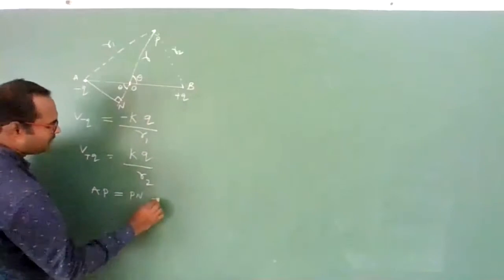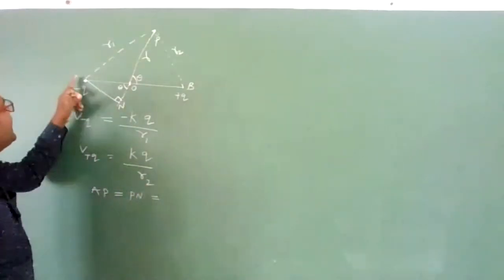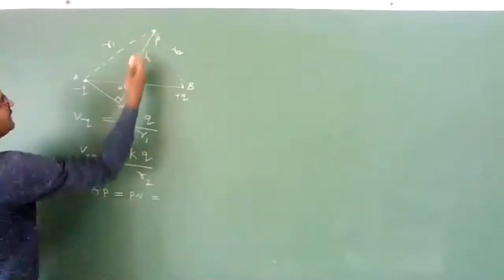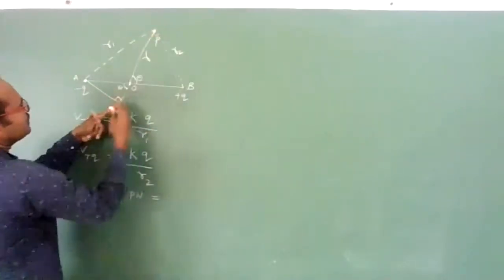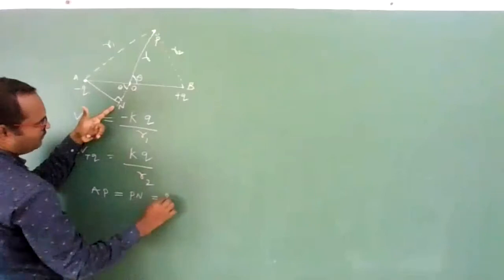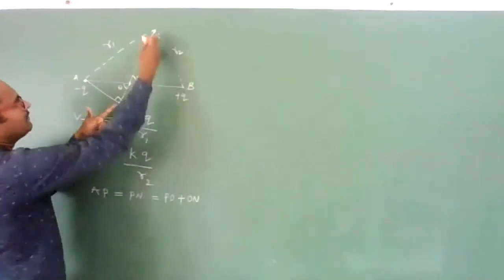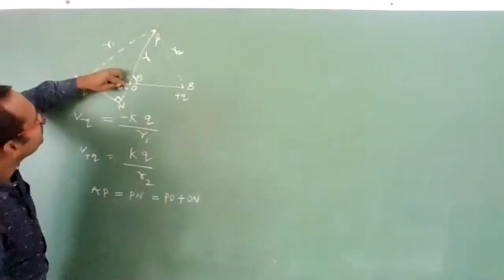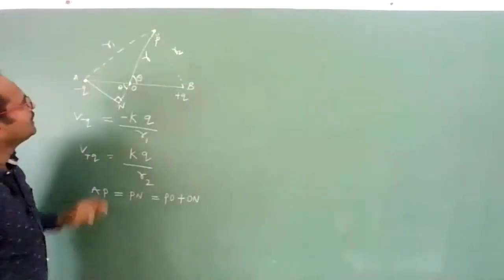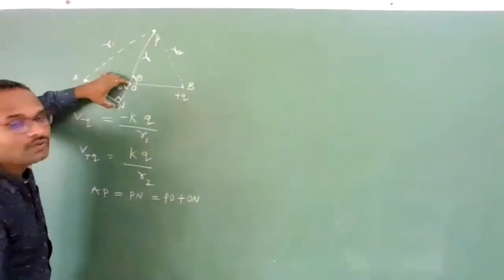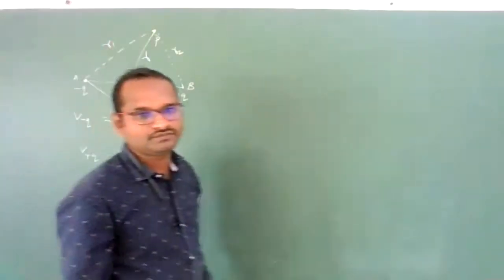What is PN value? PN value you can write as PO plus ON. PO you know is r. Only the thing is we need to know ON value.